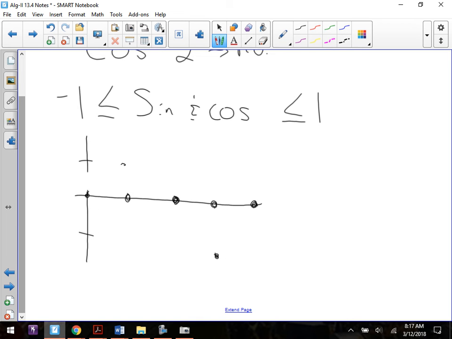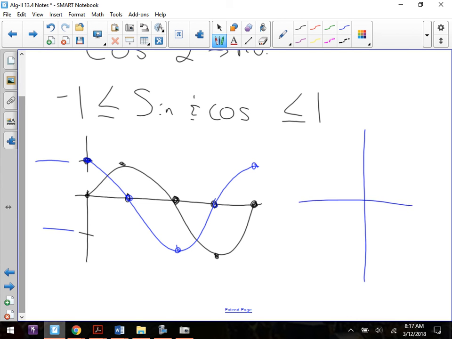It did that for sine, and then cosine started up top. And it never got larger than 1, and never got smaller than -1. And that's the idea here. Those things won't happen. Whereas in tangent, you have these asymptotes.